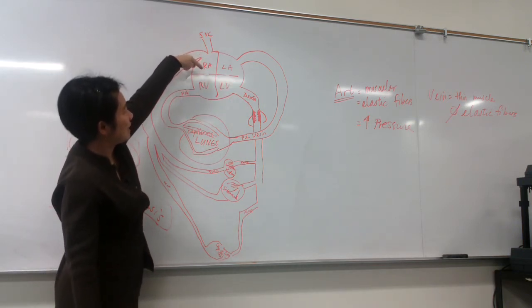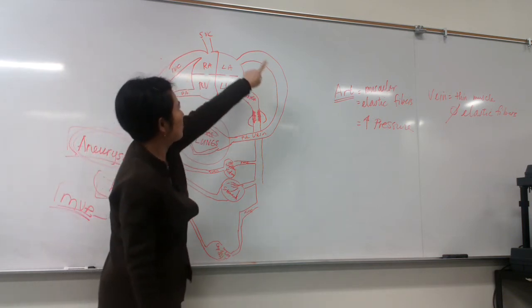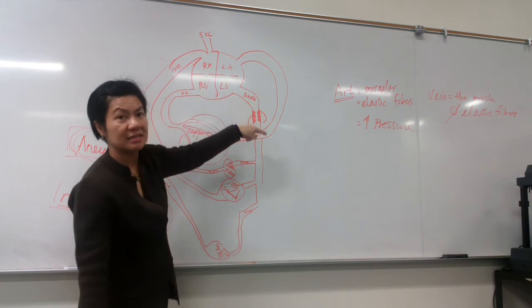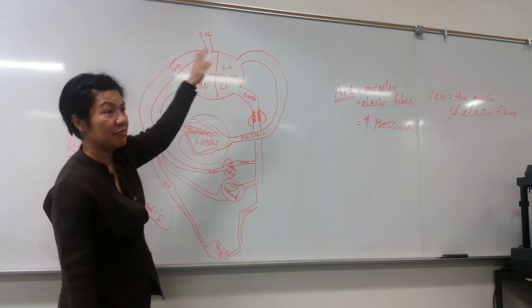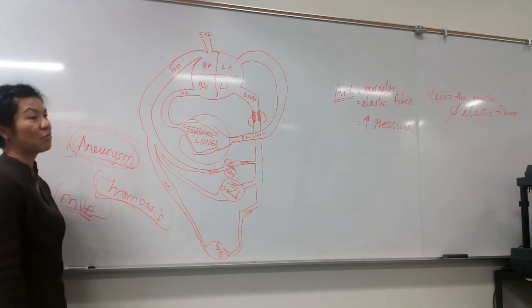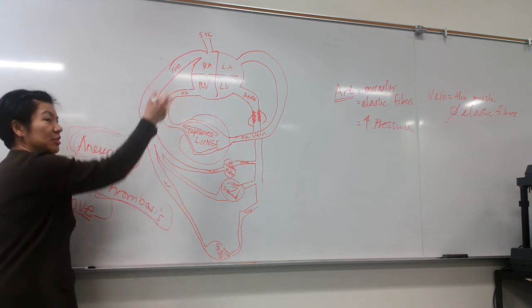Then go like this, then like that. Just be able to name these structures. I remember in the past I always asked that part. You should know it, and I'm sure you already know it.